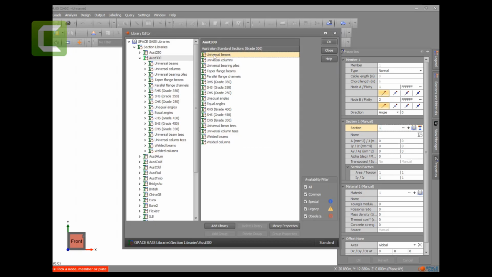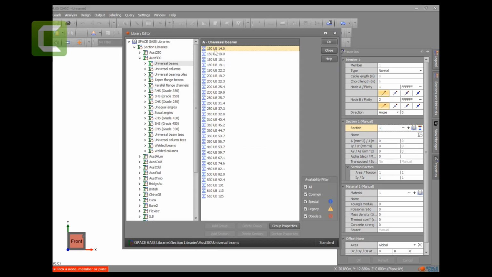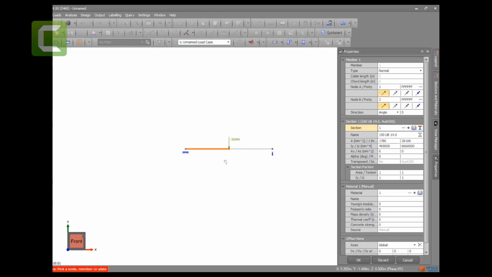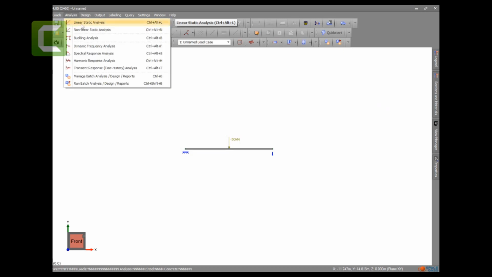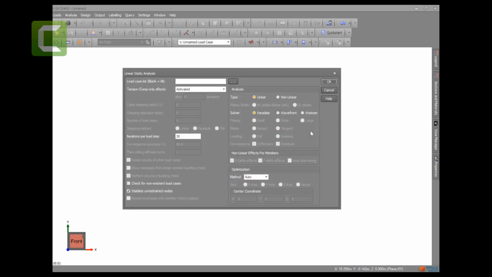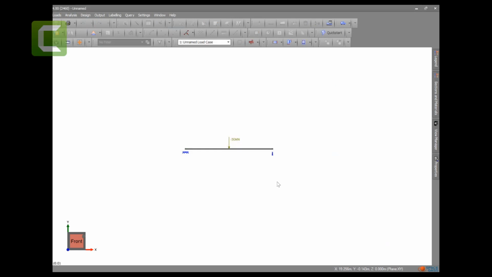Let's pick 150 universal beam. Hit OK, and whatever you put here will not affect the answers. Let's put Young's modulus for steel 200,000. This again is not going to affect your answers. So analysis, we have everything. Linear static analysis. Hit OK.